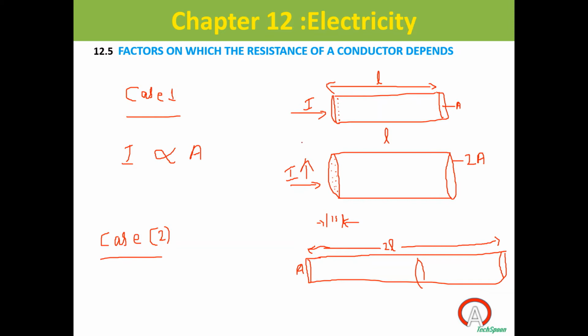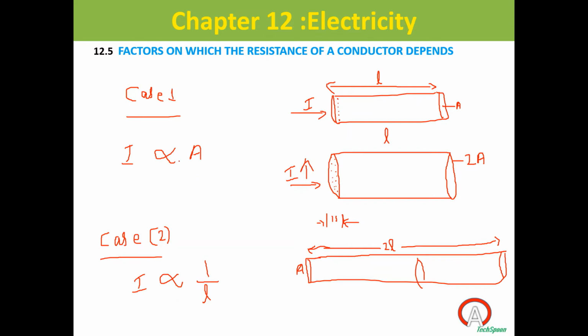That is very simple. Just opposite to that. So when I am increasing the area, current will increase. But when I am increasing the length, the current will decrease. So in case 2 we can say that current is inversely proportional to the length of a conductor.